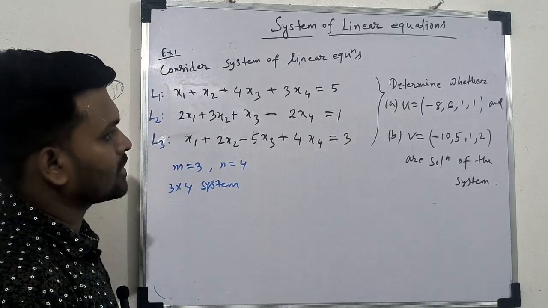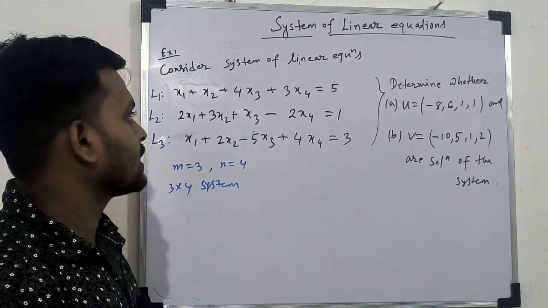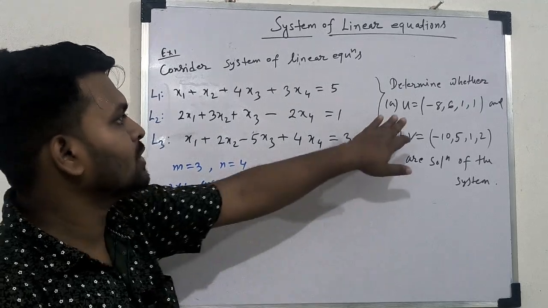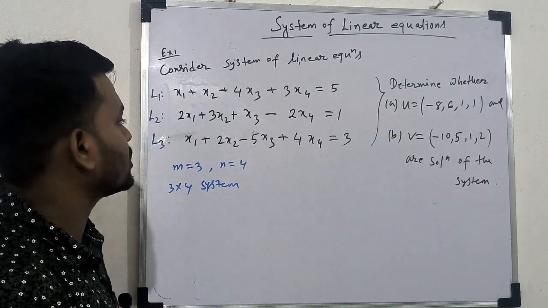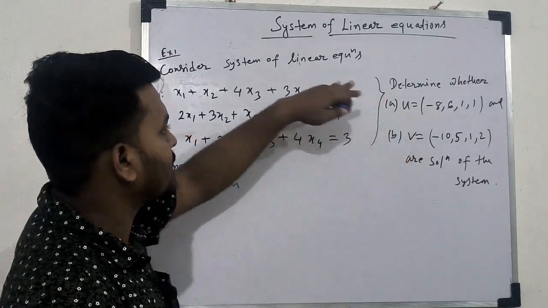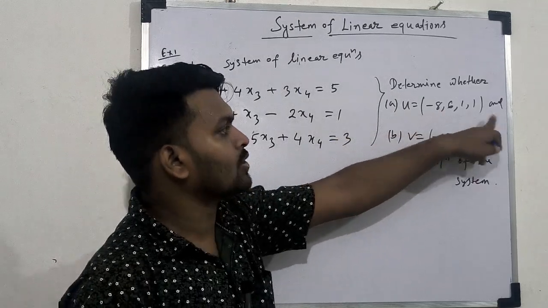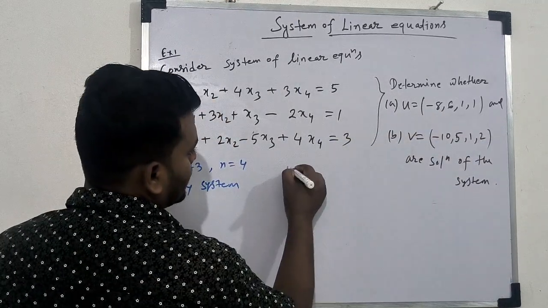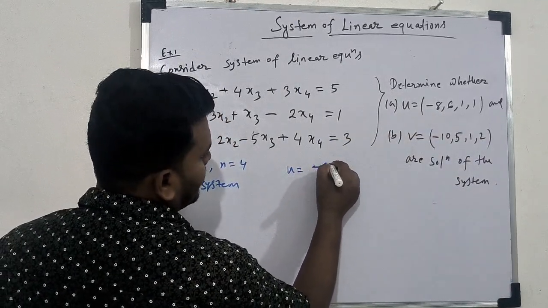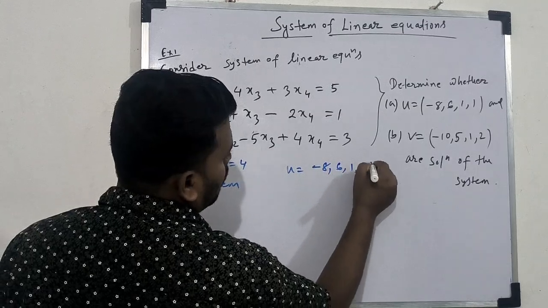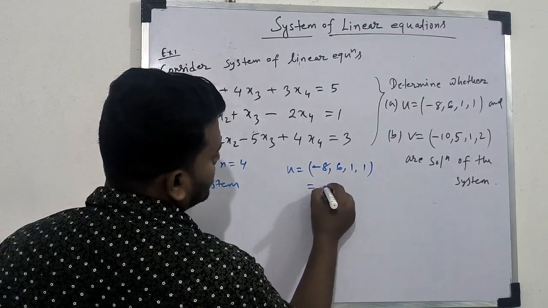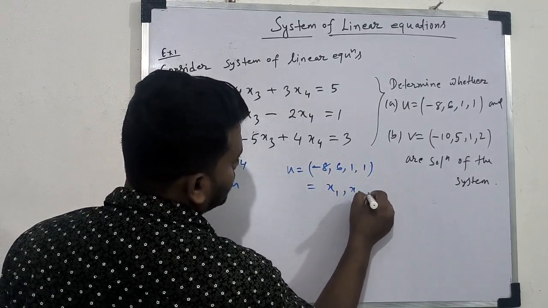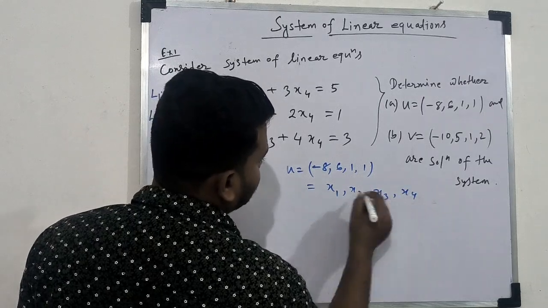How can it be determined whether u is a solution or not? Simply, we try to satisfy each of these equations by this solution. So here u equals (-8, 6, 1, 1), written as x1, x2, x3, x4.